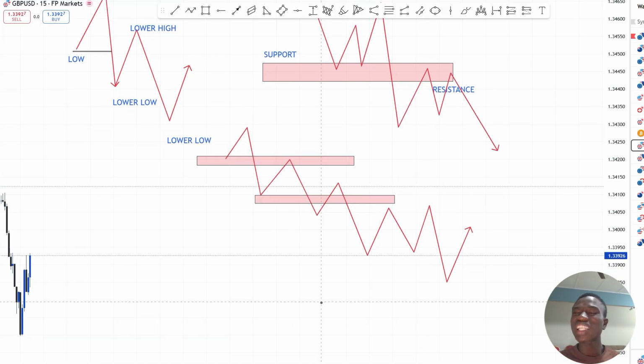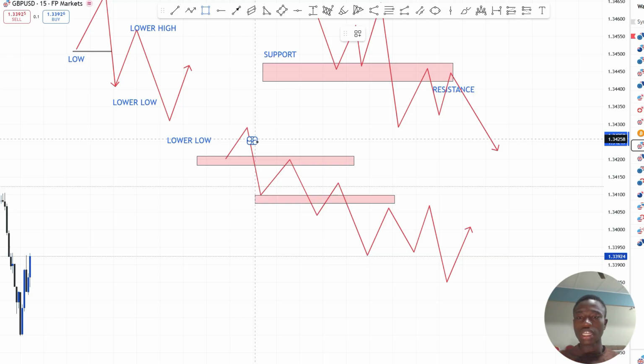Now, immediately after identifying the support levels, anytime you identify the support level, it becomes a resistance level, support turned resistance. So above the resistance level, you are always going to have a supply level.